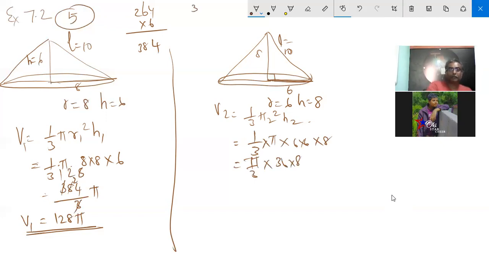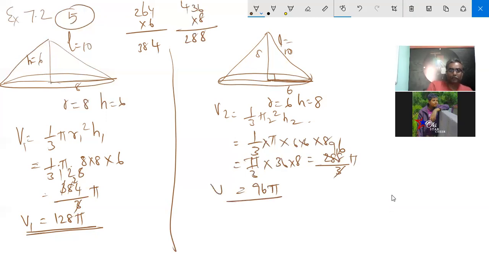What is 36 into 8? 3 eights are 24, 288. That is equal to 288 by 3 pi. Now 3 will go 9 times inside that. Remainder is 0. 3 nines are 27. In 18, it will go 6 times. That is equal to 96 pi.